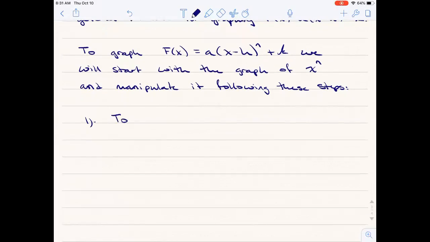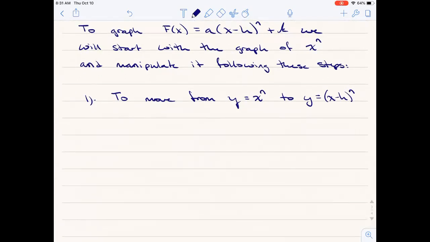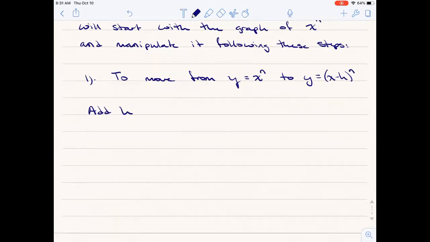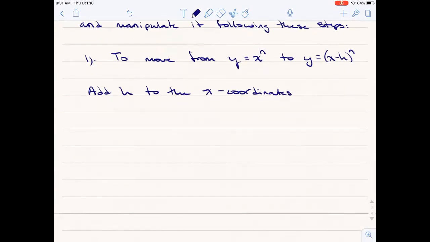To move from y equals x to the power of n to y equals x minus h to the power of n, what we do is we add h to the x coordinates of each of the points.